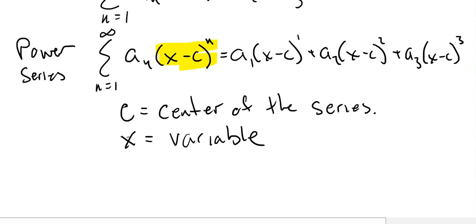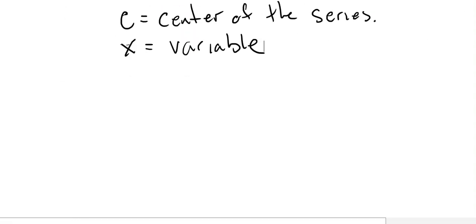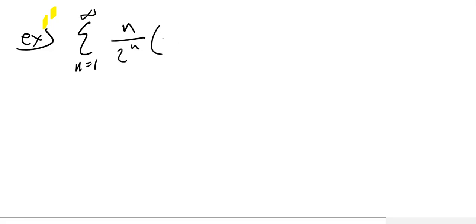So let's take a look at a couple of examples of power series. First of all, let's do something simple like the sum of n over 2 to the n times x to the n. All right, and so the terms of this sequence, when n is equal to 1, we're going to have 1 over 2 times x to the first.